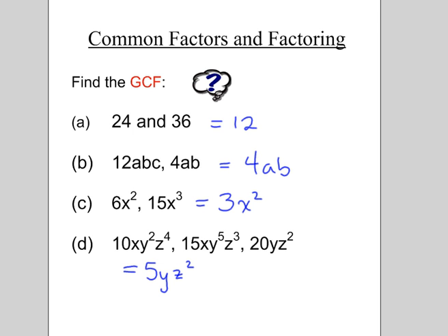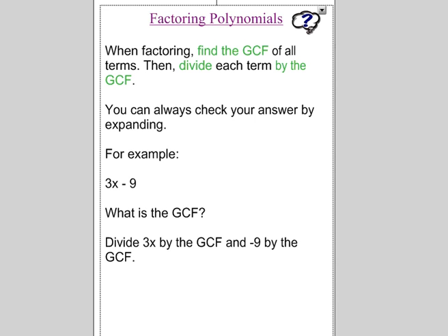So now let's look at how that applies to common factoring. When you are factoring, essentially what you do is you find the greatest common factor of all the terms. So you do what we just did, and then all you do is you divide each term by the greatest common factor, and you will end up with something that is factored. So for example, let's look at 3x minus 9.